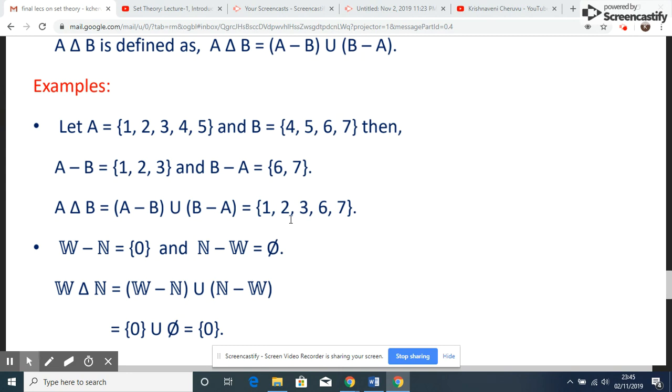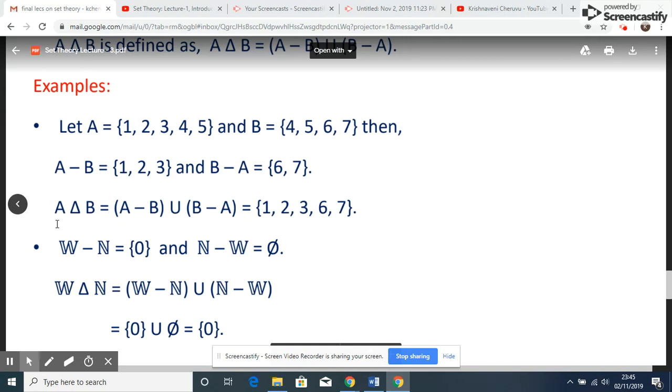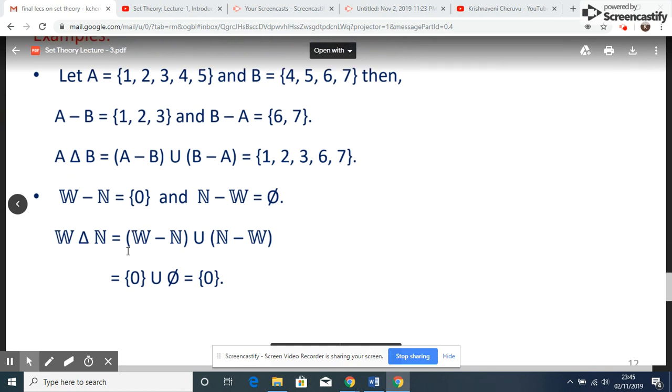So here union of A minus B and B minus A is the symmetric difference of A and B, and it is A delta B.